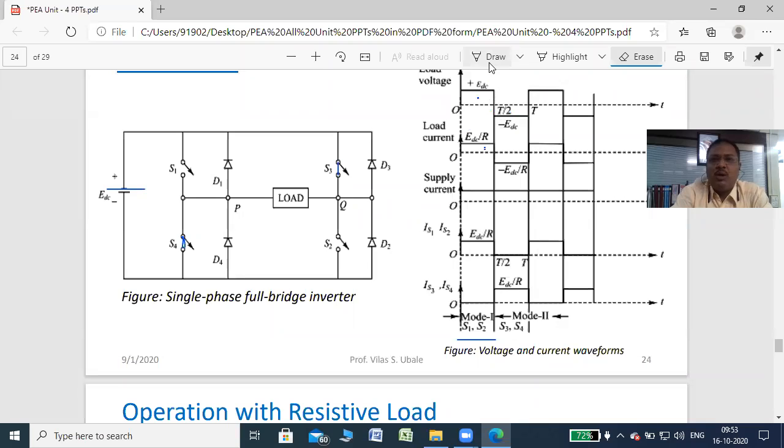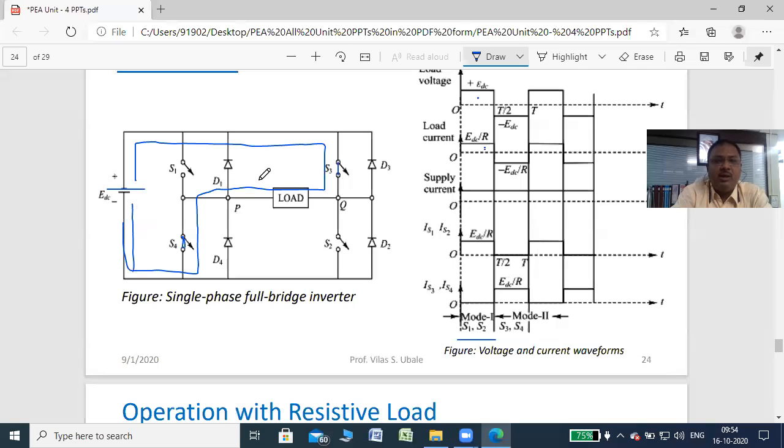Okay, so if you apply a gate pulse to S3 and S4, current starts to flow from plus EDC, then S3, then Q, then load, then P, then S4, and then back to the negative terminal of the battery.